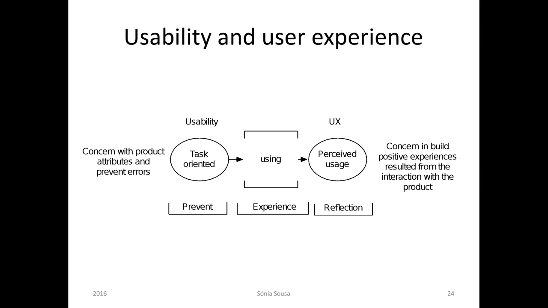User experience is something that you measure after using or before using, but mainly after using. So you are concerned with building positive experience resulting from the interaction with the product. You are concerned more with reflection and you use methods that can provide that feedback for you.